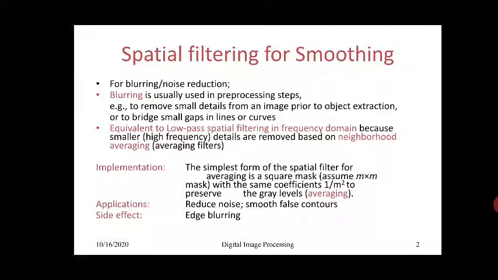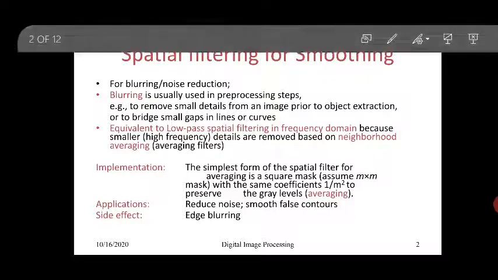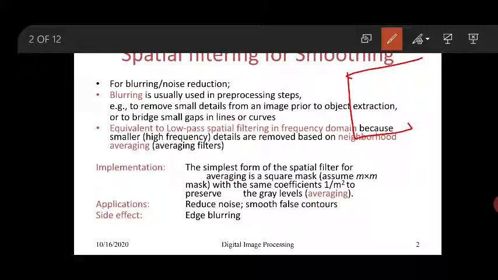If you consider 3 by 3 pixels of an image, we will average it out, meaning all the pixels will be added and we will divide by 9. What is the answer we will get here? Let us take the center pixel value, like this.